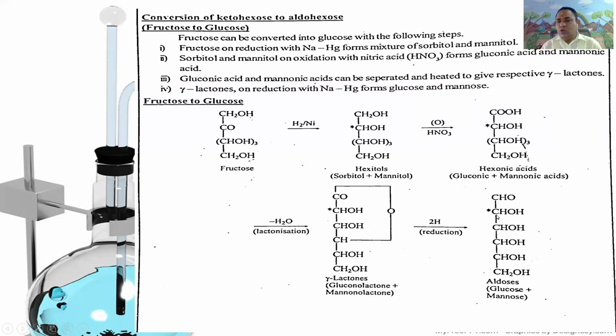If it is glucose, at the second carbon H is on the left side and OH on the right side. If it is mannose, at the second carbon OH is on the left and H on the right. Therefore, glucose and mannose are an epimeric mixture, isomers that are epimers.